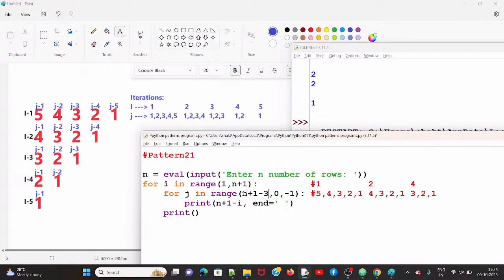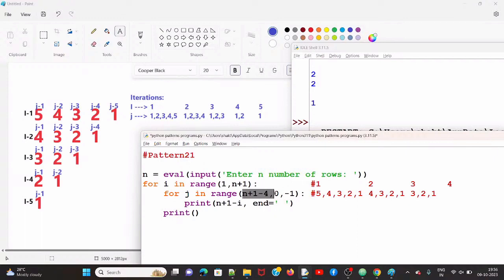That's all. When i value is 3, n plus 1, 5 plus 1, 6. 6 minus 3, 3. So start with 3, 3 to 1. When i value is 4, replace with 4 now. 5 plus 1, 6. 6 minus 4, 2.